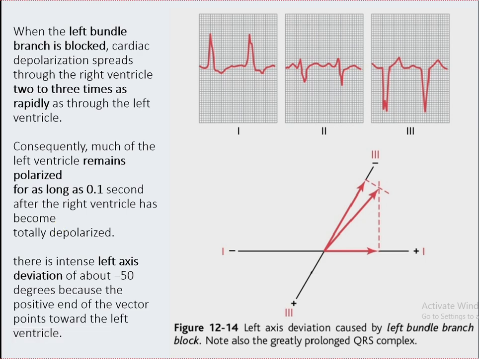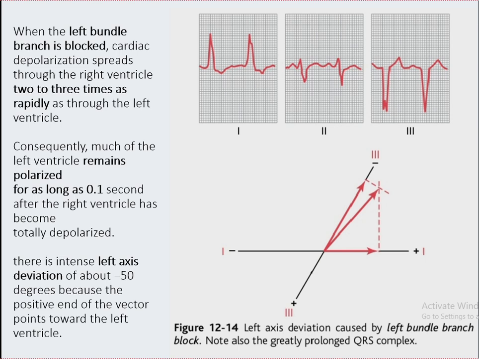What does that imply? The time of contraction of the ventricles has been increased. Therefore, the QRS complexes will be wide automatically. I want you to see what is happening in lead 1, lead 2, and lead 3. When the left bundle branch is blocked, there will be a left axis deviation.